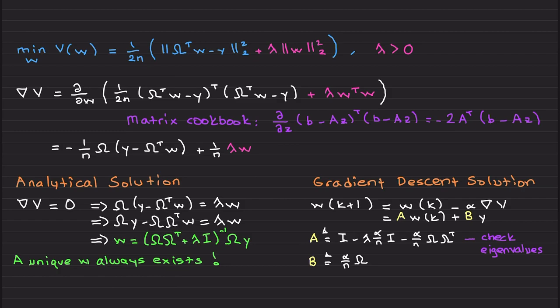So in this case, a unique w always exists. That makes this regularization process a very powerful process, with which you can find a solution to this least squares problem.